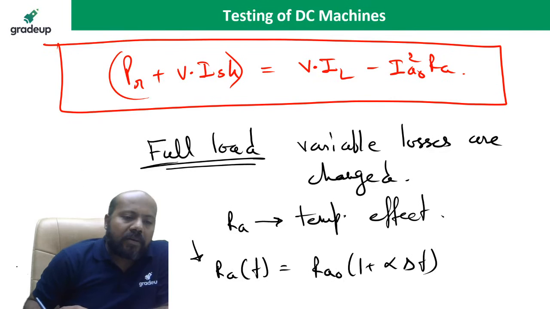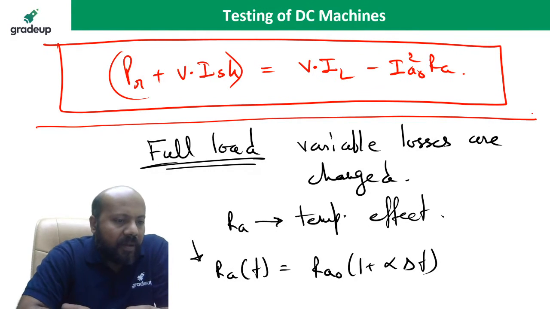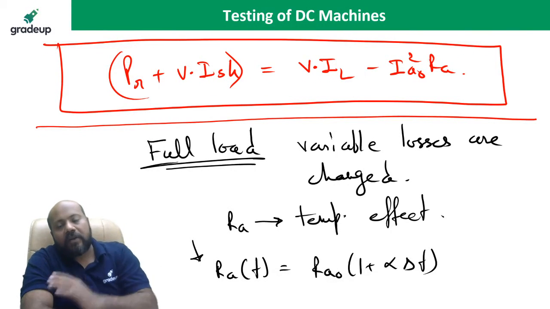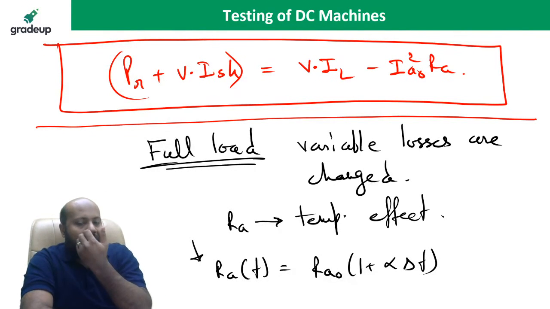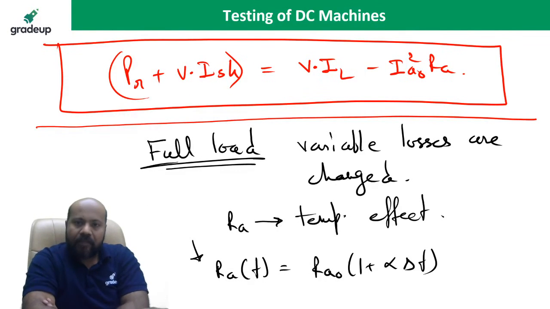See, we are finding the losses still here by using the Swinburne test. But the logic of the Swinburne test is that first you calculate the losses and then you can find the efficiency at any load condition.